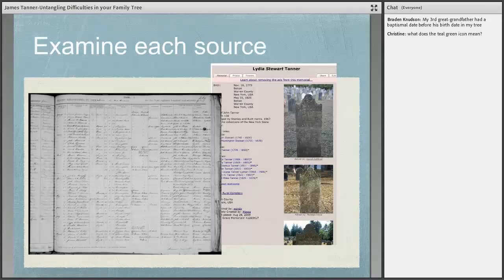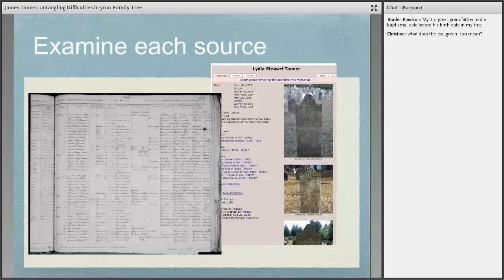For us to untangle those knots that are created by having information that's incomplete or inaccurate, we really need to retreat back to the point where that information can be substantiated from some kind of a source. Now, what I'm showing here on the side is one of them, a census record.